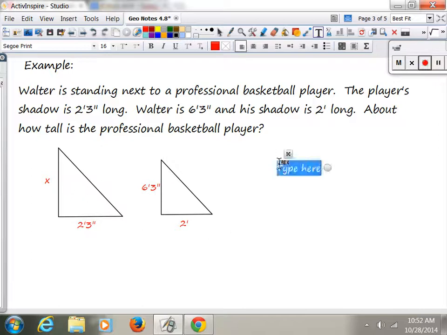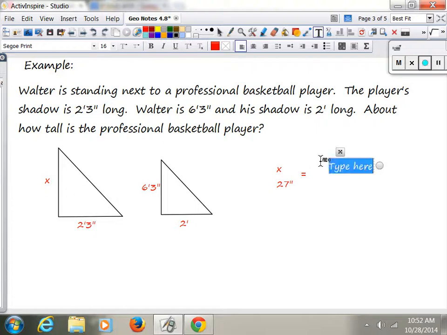So what good proportion could I set up to solve this one? What would I use? X over 2 feet 3. Let's do inches. So that's 27 inches. Okay, so X over 27. So if I did the basketball player's height over the basketball player's shadow, that means I'd need to do Walter's height over Walter's shadow to stay consistent.